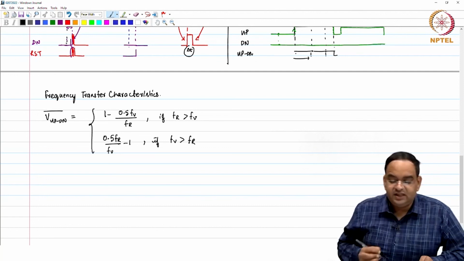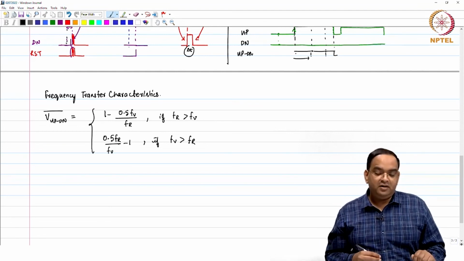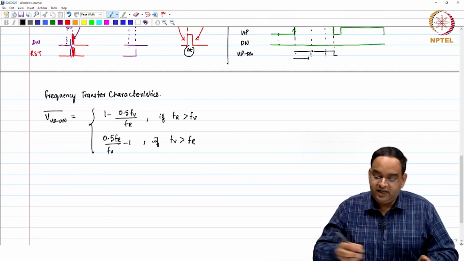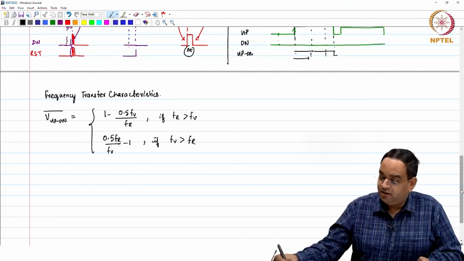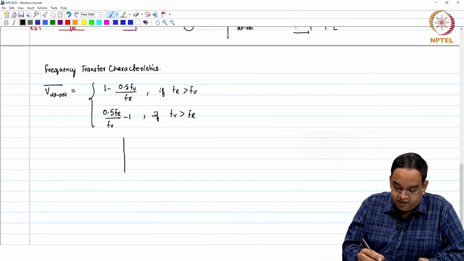One thing is, you will see that it is not symmetric around the frequency error 0. Well, that is fine, at least it is detecting the correct sign of the frequency error, that is more important.